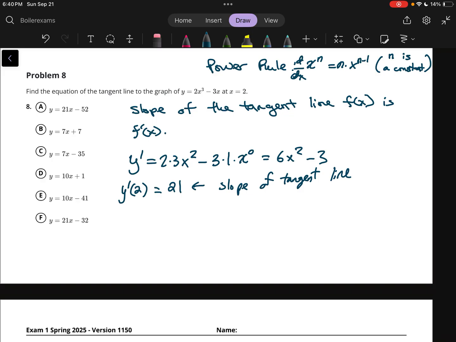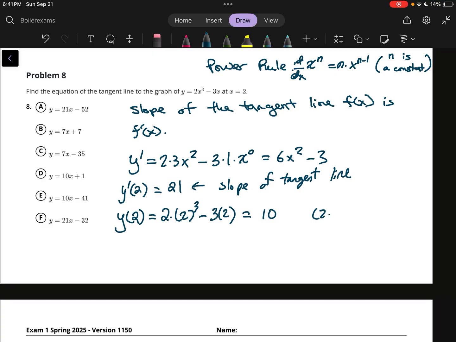And then now what I need to do is plug in 2 into the original equation so I can find the point at which the tangent line intersects. So if I plug in 2, I get 2 times 2 cubed minus 3 times 2, and that is equal to 16 minus 6, which is 10.